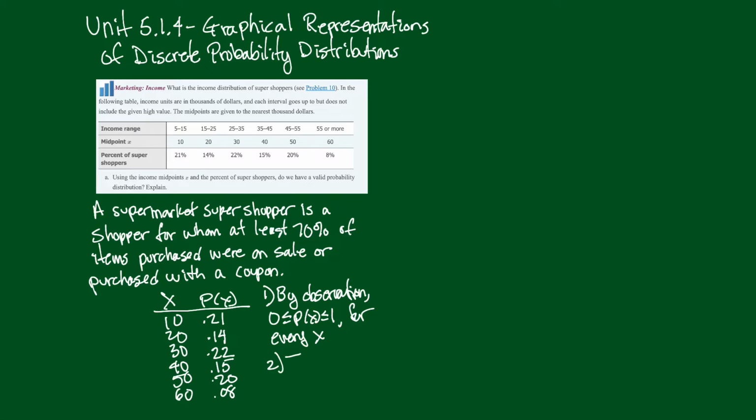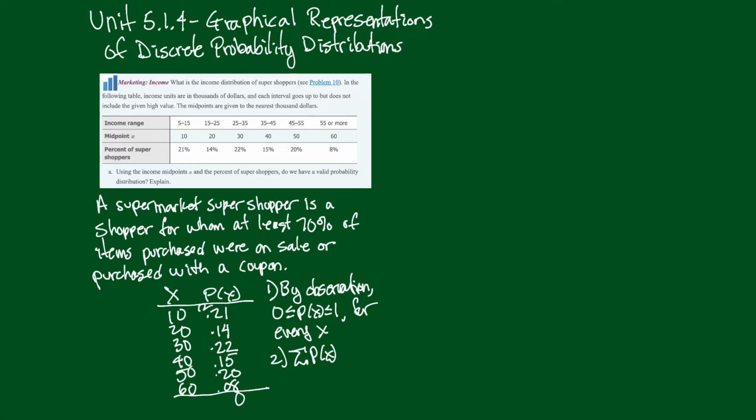Secondly, do the P of X's add up to 1? Well, let's see. What do we get here? I'll just do this: 5, 7, 12, and 8. That's 20. And then we get 2, 4, 5, 6, 7, 8, 9, 10. It does. It adds up to 1. So this is equal to 1.